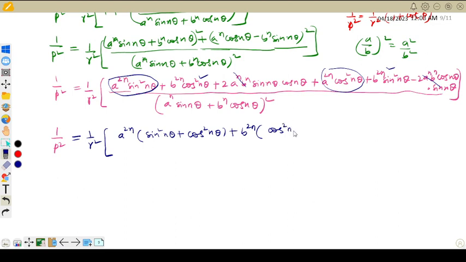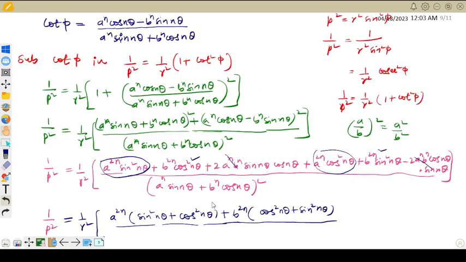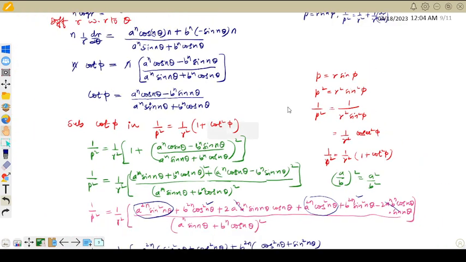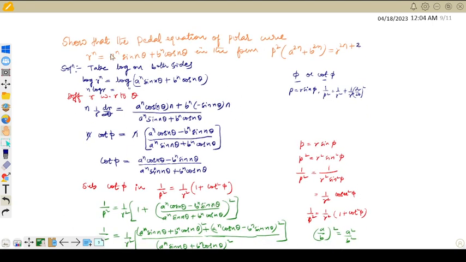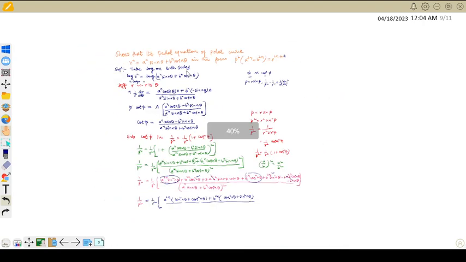You'll get cos square n theta plus sin square n theta divided by, you just remember, students, what is a raised to n sin n theta plus b raised to n cos n theta value? Just go back and observe the equation. a raised to n sin n theta plus b raised to n cos n theta is r raised to n.